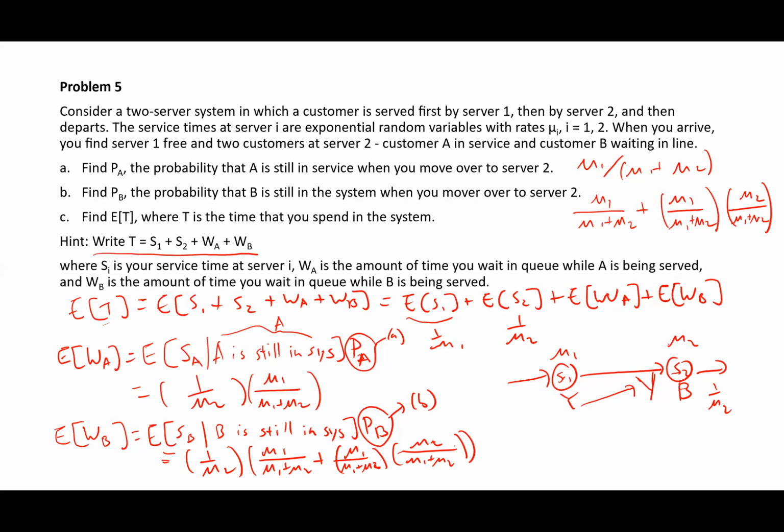Okay, so then you're going to put the expected value of T together, simply putting everything together. I'm not going to write this all out, but you have each piece, right? It's going to be this portion, and you're going to add those two portions.